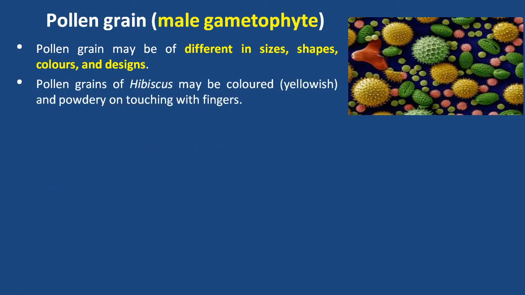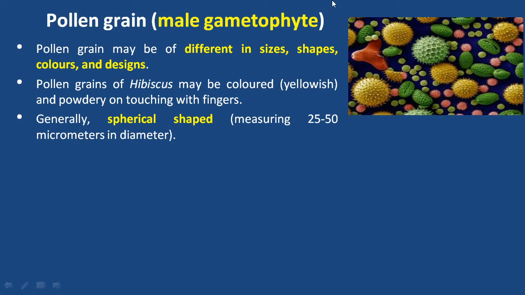Pollen grains of hibiscus can be observed with the naked eye, and these usually are yellow in color. Whenever we touch the pollen grains of hibiscus or China rose, they are powdery. They look similar to powder.